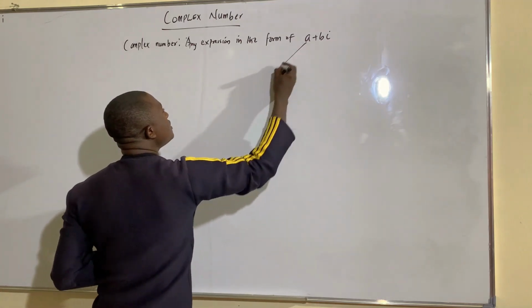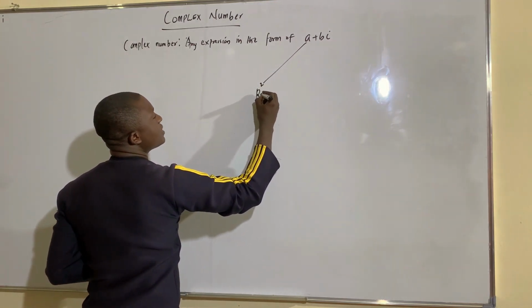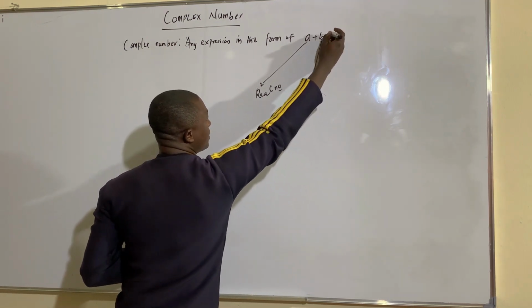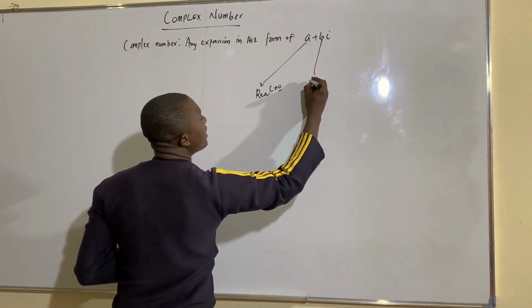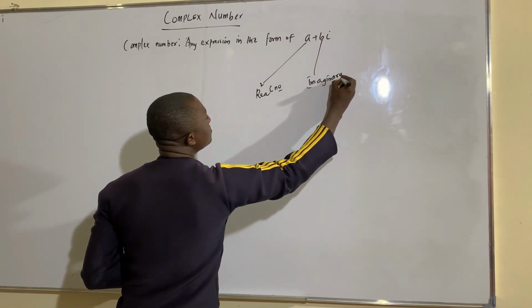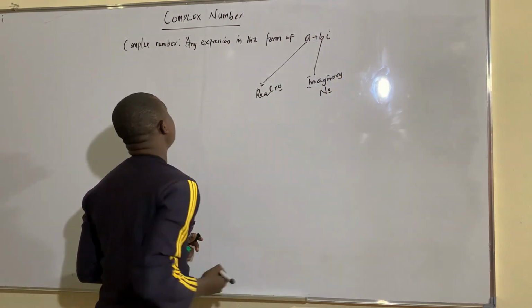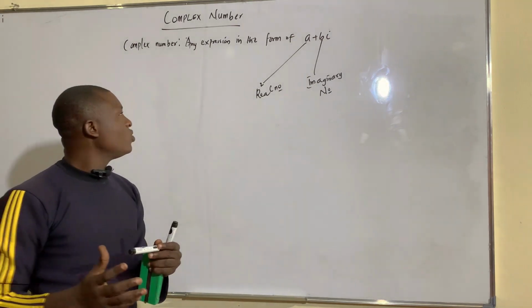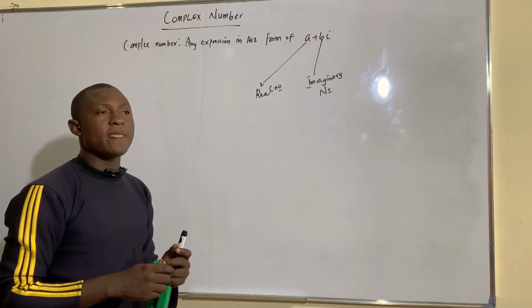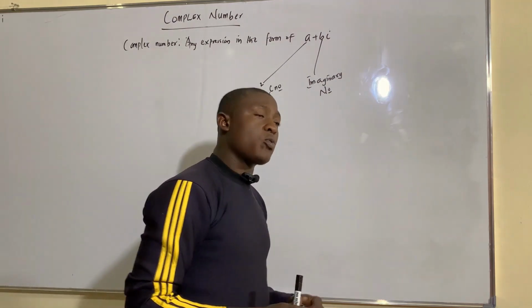Here, the a that we use is called the real part, while the b that we write here, you can see we have i there, so here we have what we call the imaginary part. So here it's very simple and straightforward. You don't need to worry about anything here. Just a simple expression. So let me show you how you can recognize this when you are dealing with a quadratic equation.